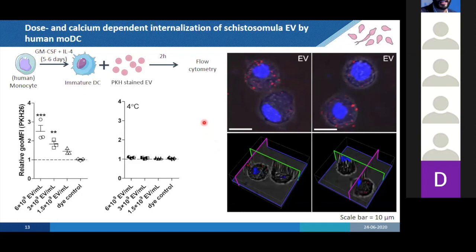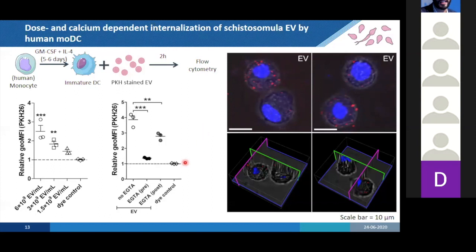To investigate whether this internalization or interaction involves C-type lectin receptors, the easiest and quickest thing you can do is take away calcium from the medium, which the C-type lectin receptors need to bind to the ligand. One of the most used calcium chelators is EGTA. So we pre-incubated the cells with EGTA and then added the EVs.